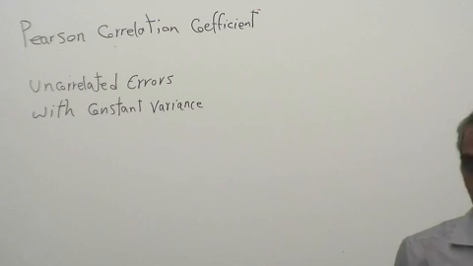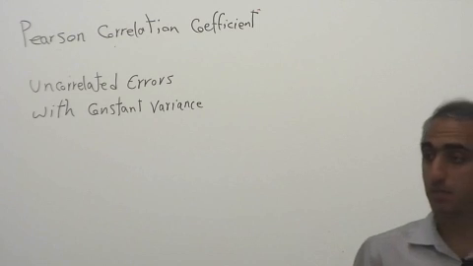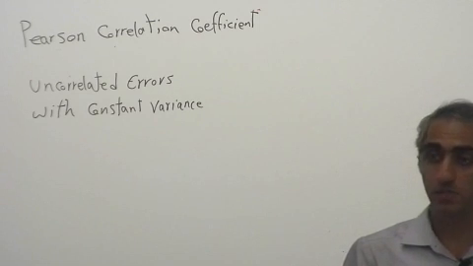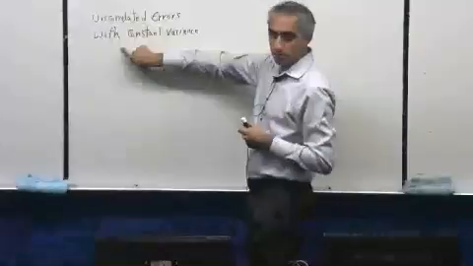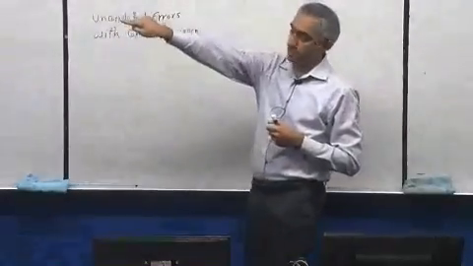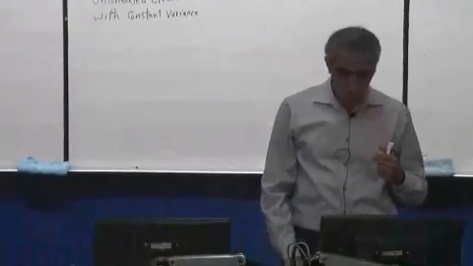Okay? Only in one case this is true: not being correlated implies independence. And that case is the normal distribution. That's why if I add normality to this assumption, then it becomes NID, normally and independently distributed. Okay.